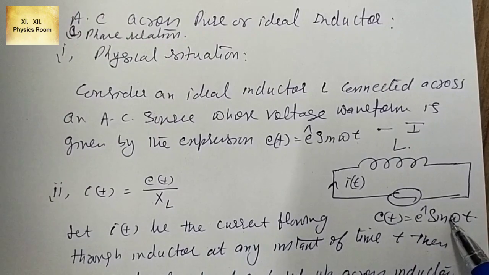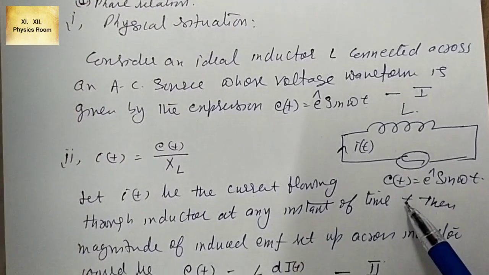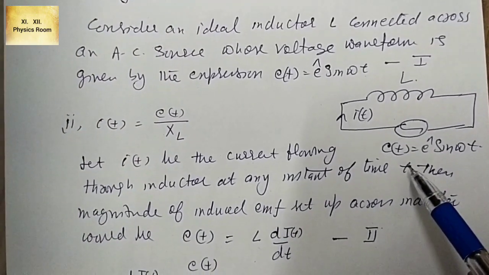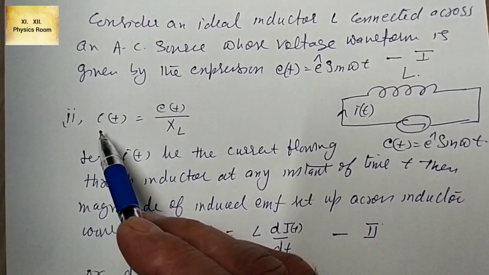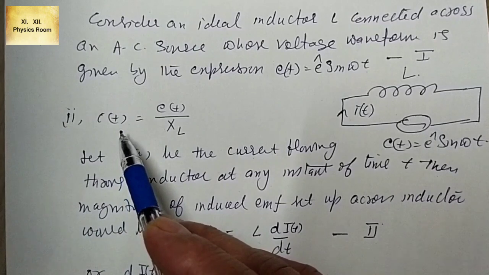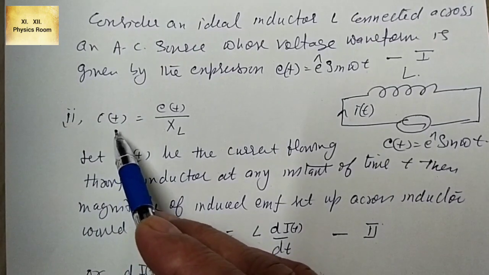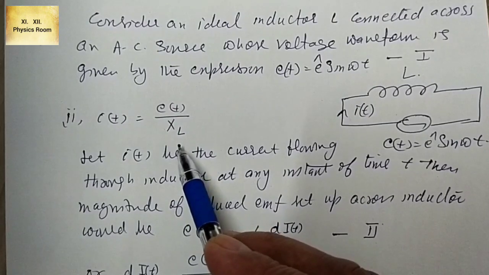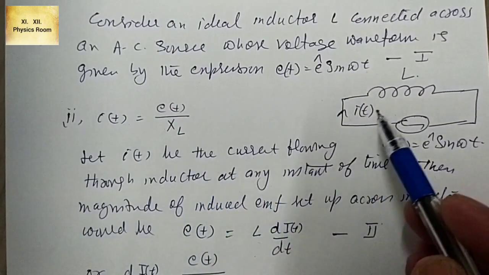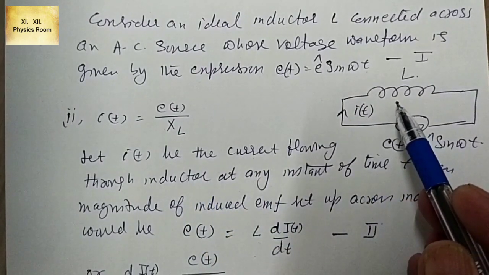Now the second step is the current flowing through the inductor. We use Ohm's law to find out the current flowing through the inductor. It is equal to E(t) by XL, where XL is the AC resistance of the inductor, or reactance.